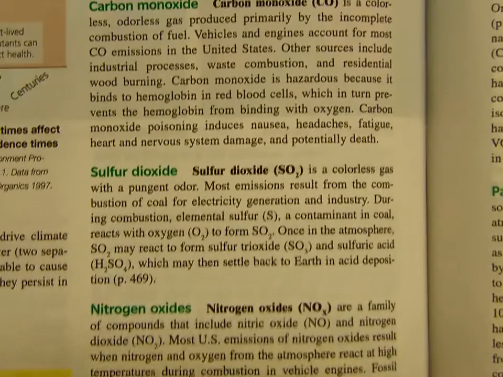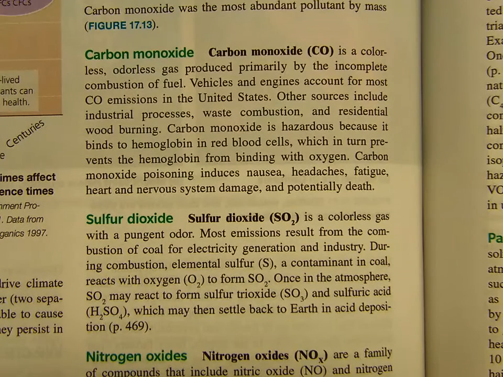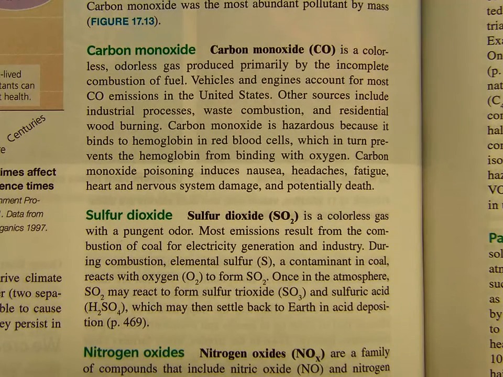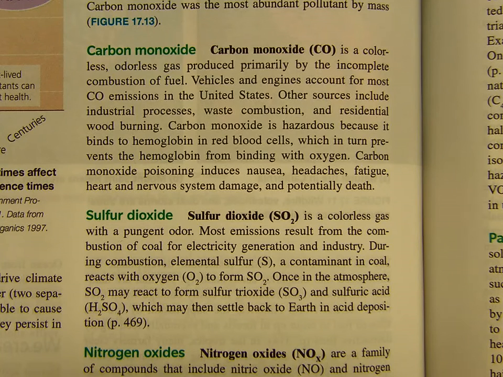So carbon monoxide, I'm not sure if you ever heard the commercials to get a CO monitor, or carbon monoxide monitor, in your house. They always say, and it says it right there, it's a colorless, odorless gas. You can see the second part says produced primarily by the incomplete combustion of fuel.